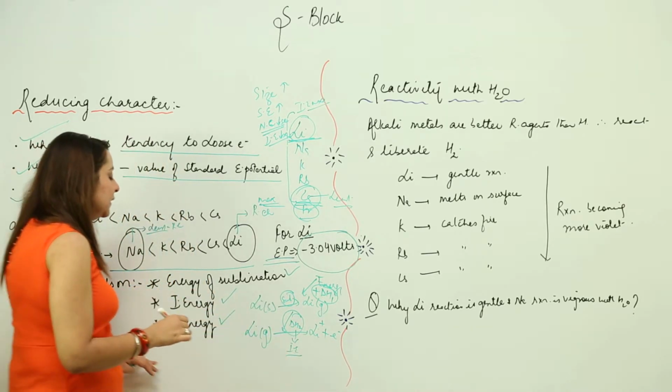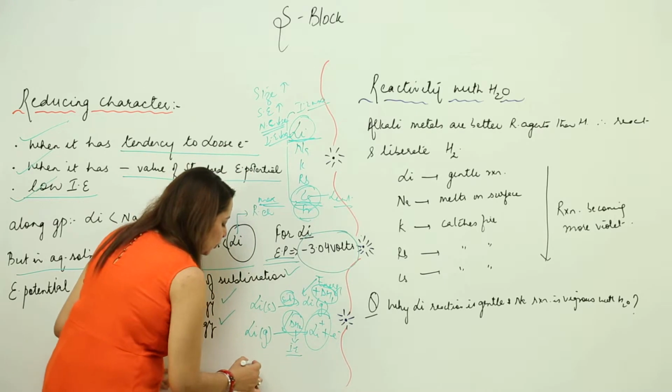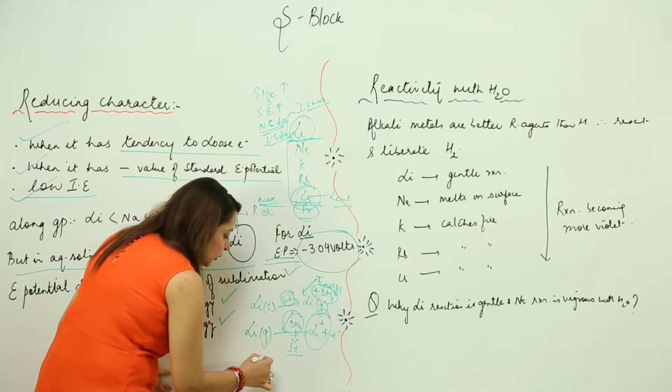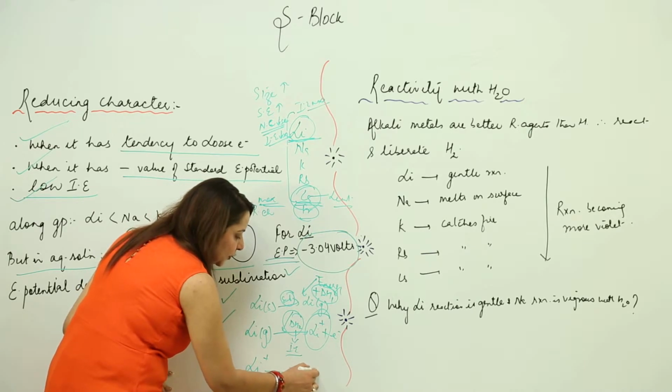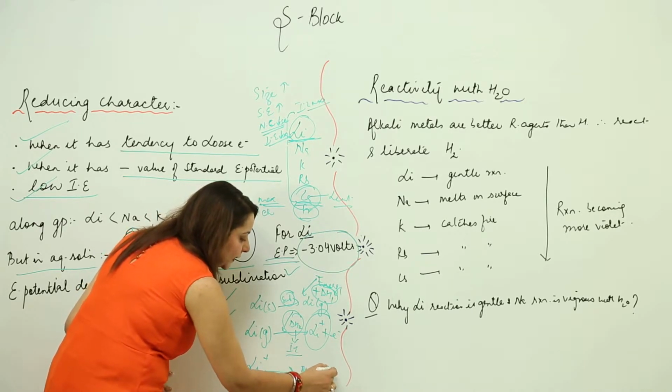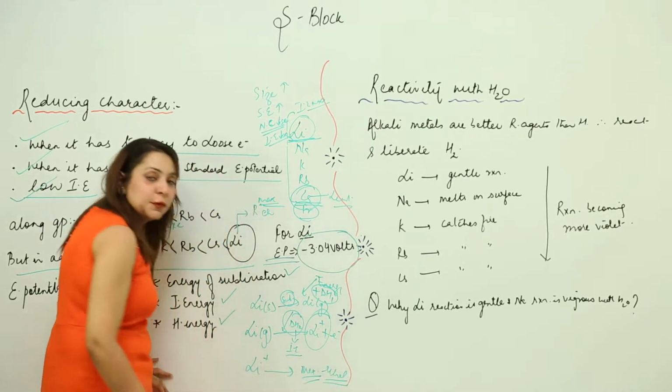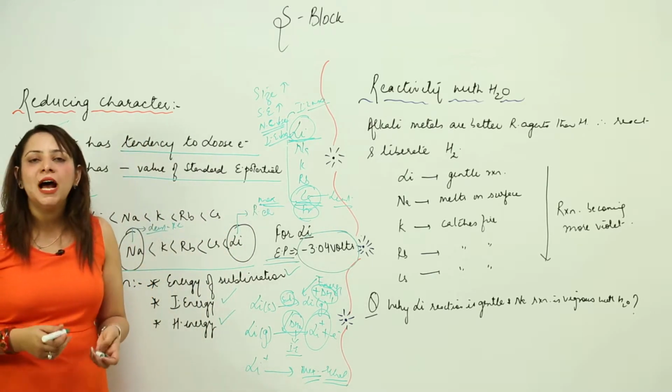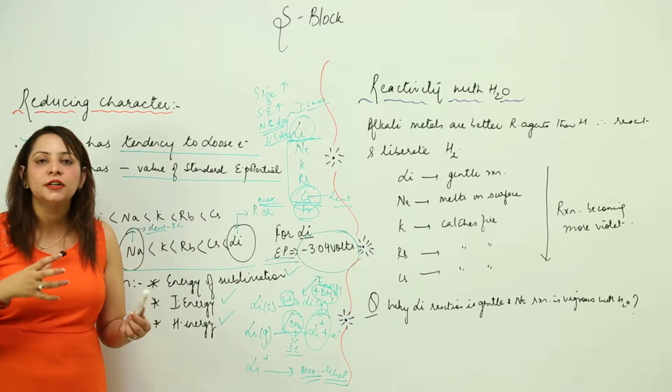Now after that, I am going to hydrate it. When I dissolve it in water, it will be maximally hydrated and energy will be released, because we know that the smaller the ion, the more energy is released on hydration.